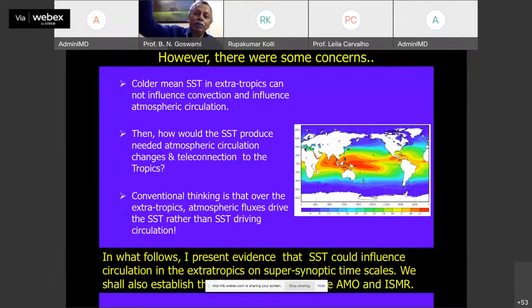And that forcing is therefore not simply the SST convective forcing; by changing the circulation itself, it can produce vorticity forcing. That vorticity forcing can introduce, again, circulation anomalies that can produce atmospheric response.